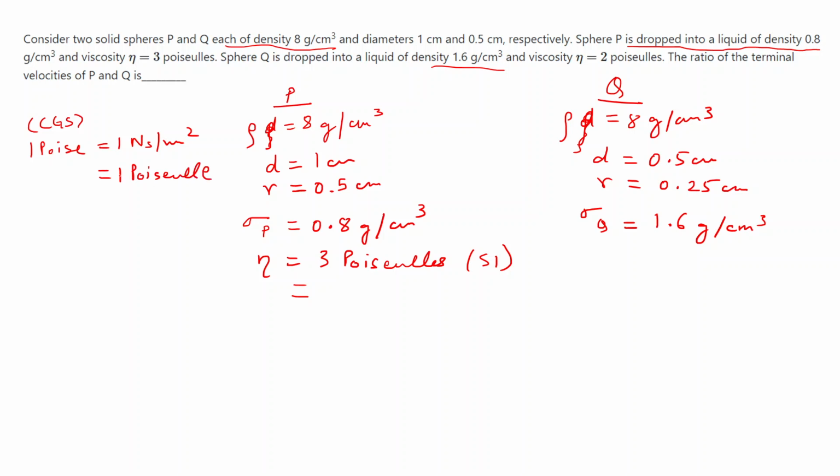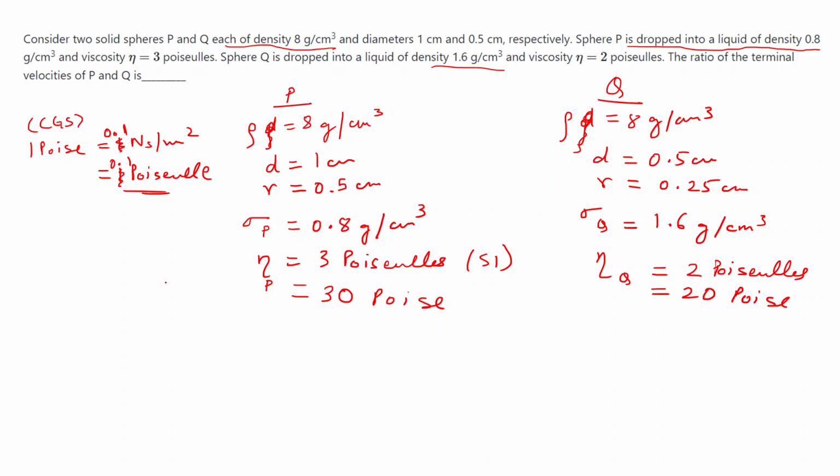That means 1 Poiseuille will be 10 poise. So this will be 30 poise in CGS. And the eta here is 2 Poiseuille, that means 20 poise, right?